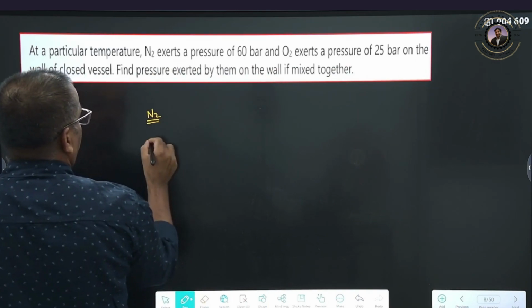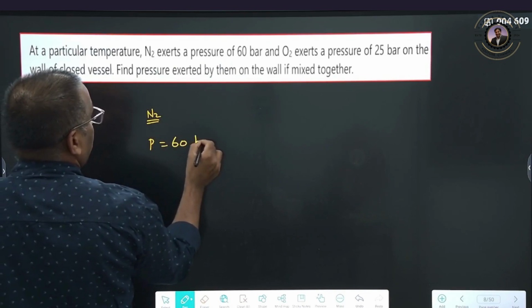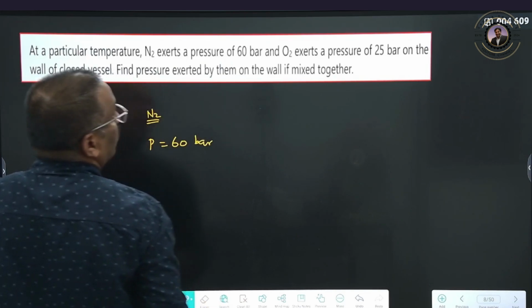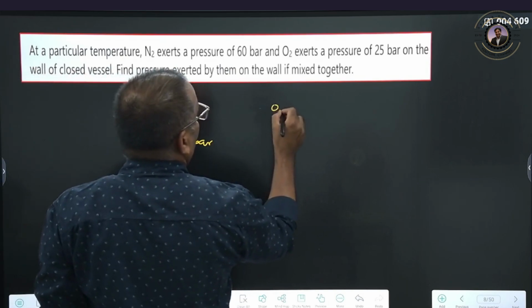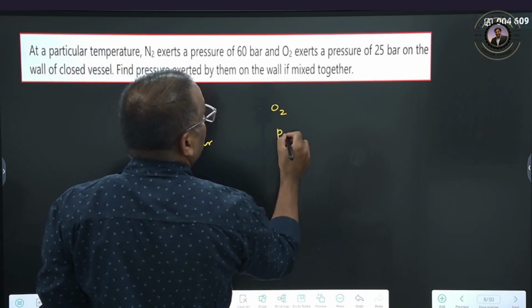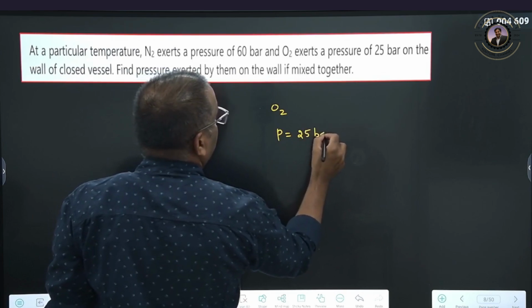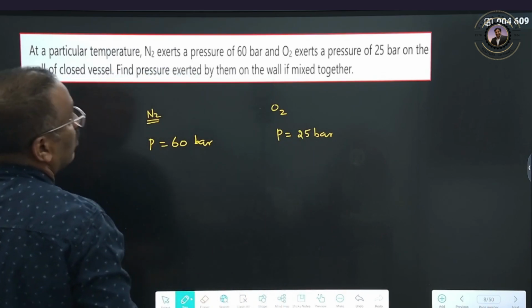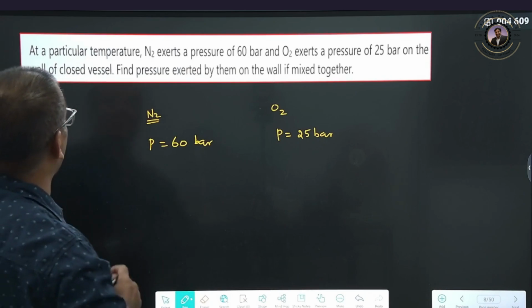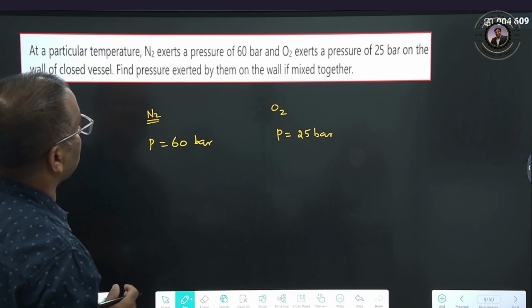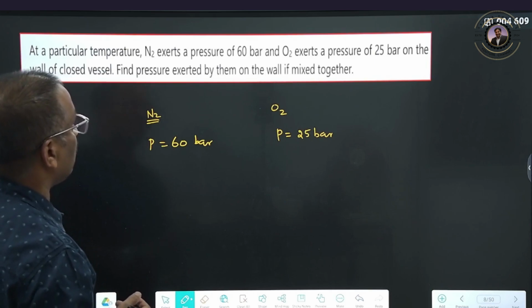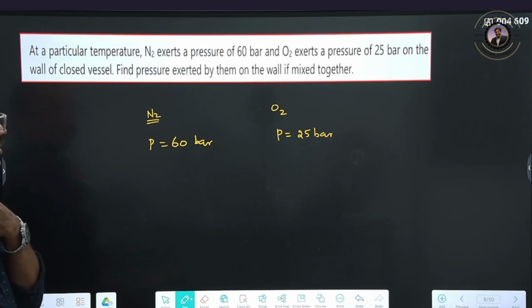Nitrogen gas is given, pressure is given as 60 bar. And O2 exerts a pressure of 25 bar on the walls of a closed vessel. Find the pressure exerted by them if they are mixed together.